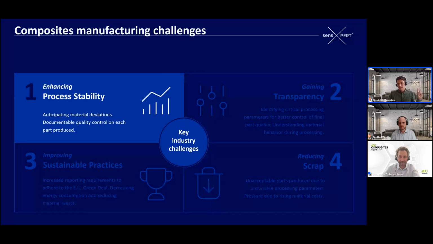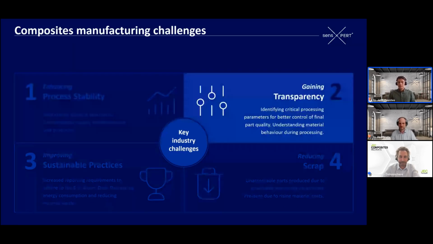The second challenge is transparency, as you can see here. And within this, I will say that for most of us in processing, what happens inside the mold with the part is a black box.